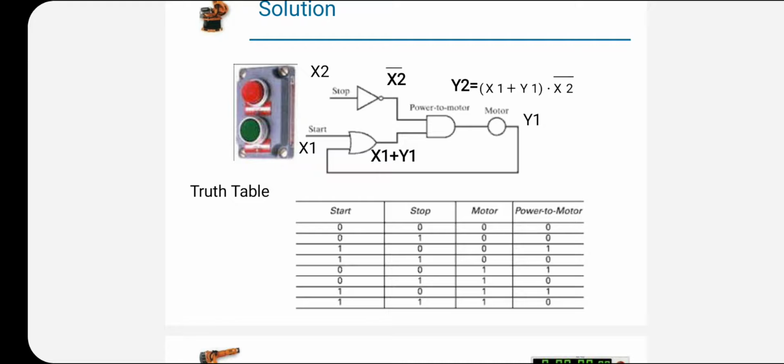When start is 1 and stop is 0, then motor is 0 and power to motor is 1. When start is 1 and stop is 1, then motor is 0 and power to motor is also 0. When start is 0 and stop is 0, then motor is on and power to motor is also on. So in this way you can write this expression in the truth table.